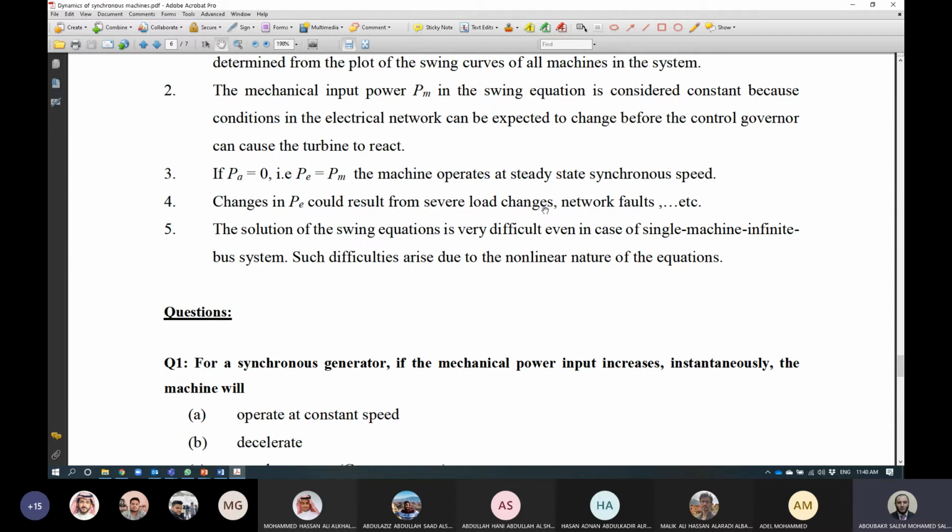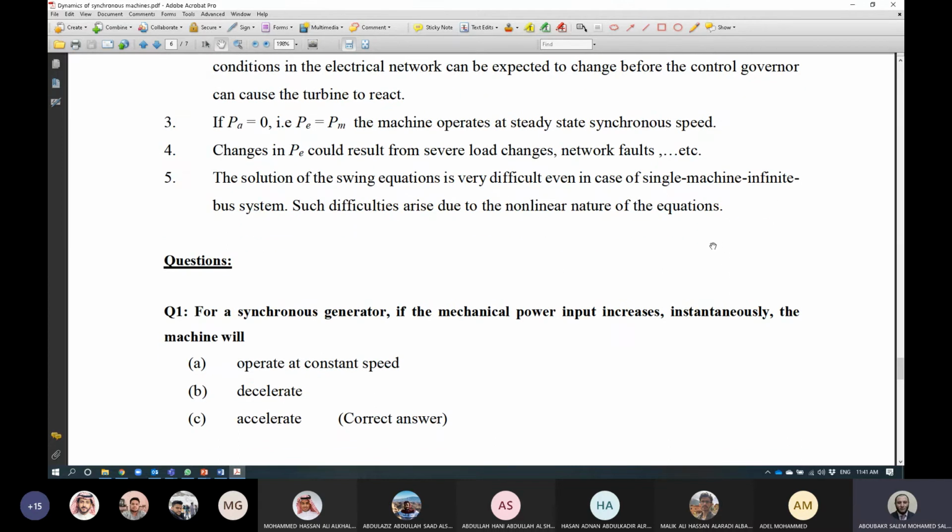So this is considered as severe loads, and change in Pe should be considered for such cases. The solution of the swing equation is very difficult even in the case of a single machine infinite bus. So it needs huge computing in order to fulfill that.